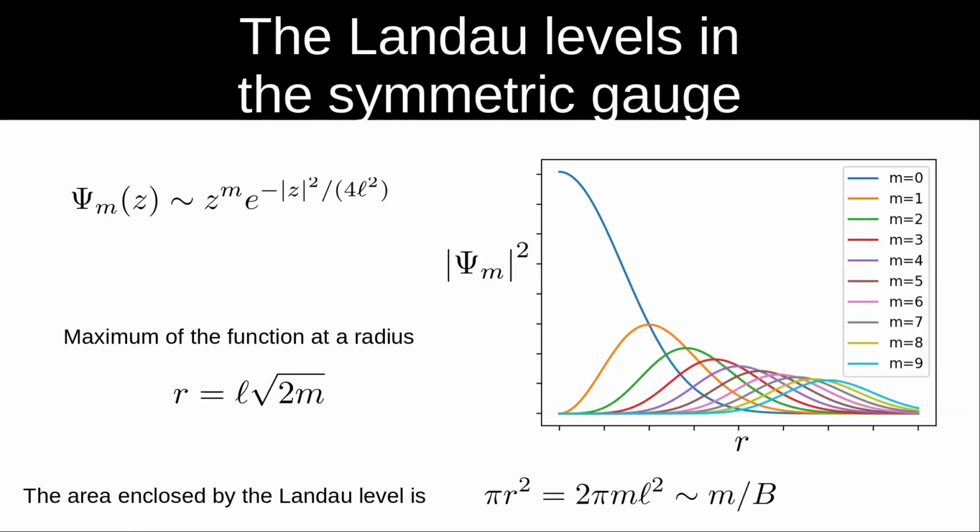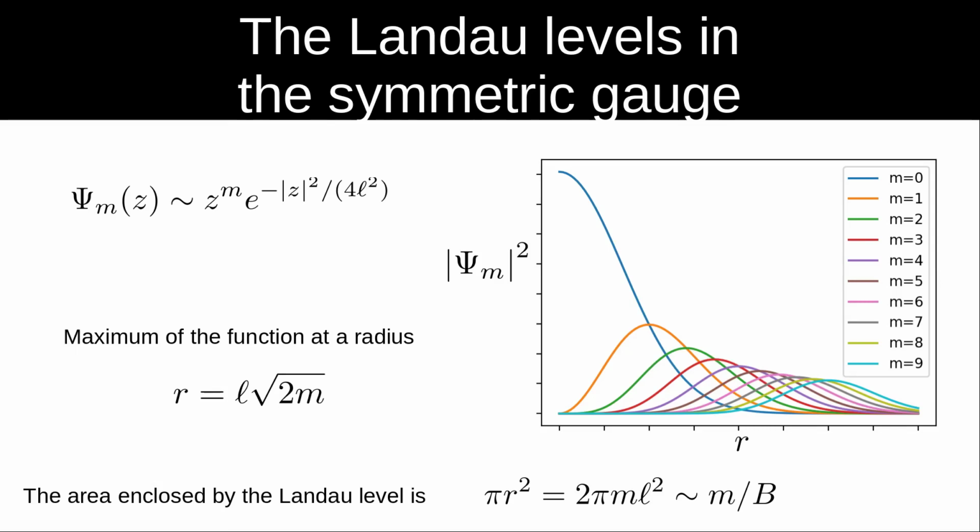So for m equal to 0 it is right at the origin, then for m equal to 1 it is a little bit further, for m equal to 3 a little bit further, and so forth. A relatively simple way of understanding this is that the mth wave function describes an electron that has m units of angular momentum. And therefore, if you have m units of angular momentum, you need to be a little bit far away from the origin.